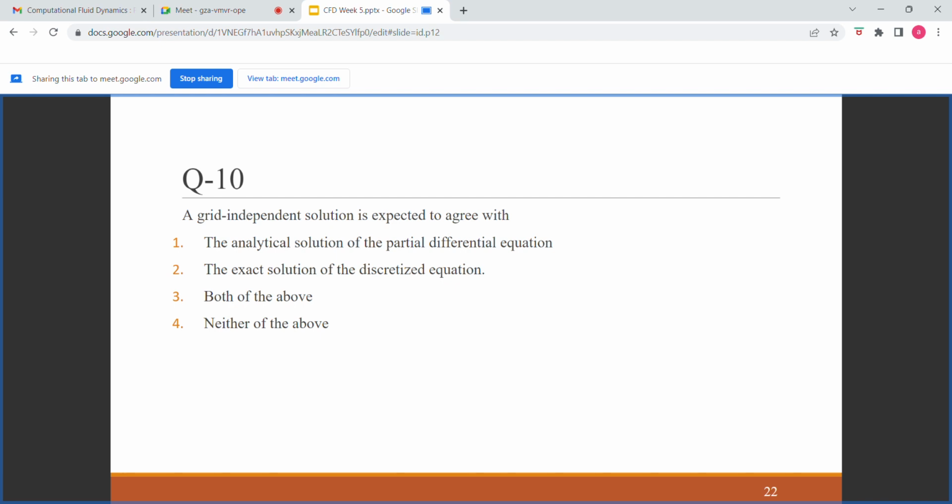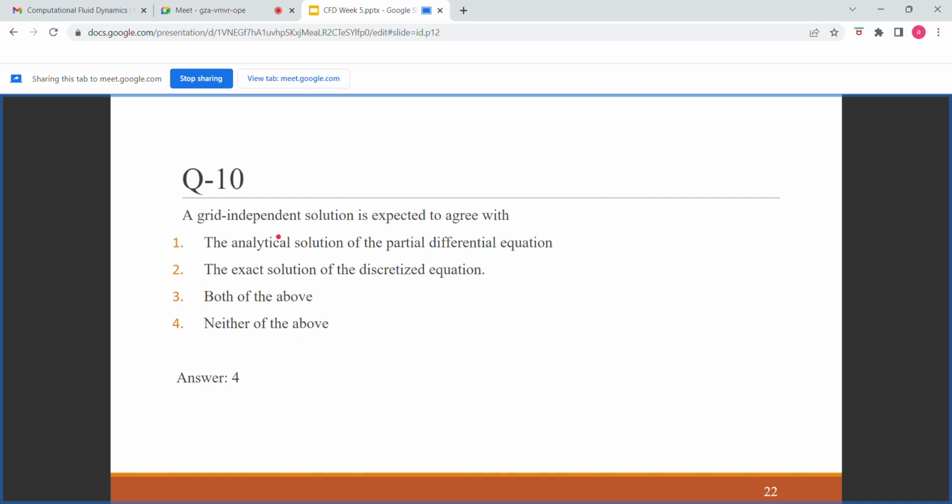Basically, grid independent solution means that when we are changing the grid size, either refining it by decreasing it further or increasing it in smaller steps, the solution should not change. That is known as grid independent solution.